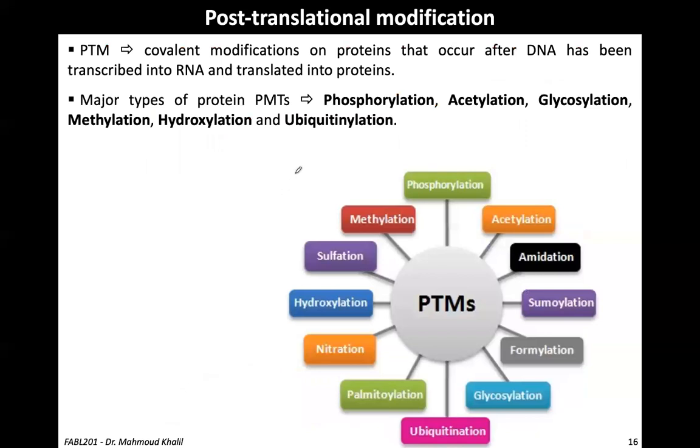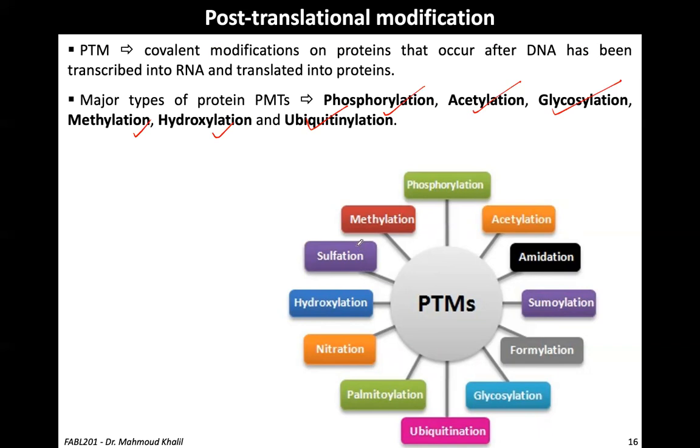So actually post-translational modifications are covalent modifications on proteins that occur after translation. The major types include phosphorylation, acetylation, glycosylation, methylation, hydroxylation, and ubiquitinylation. These figures show all the types of post-translational modifications identified up till now.